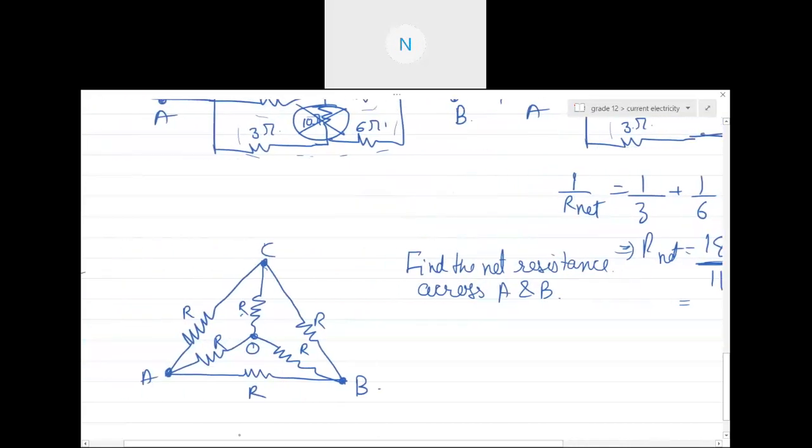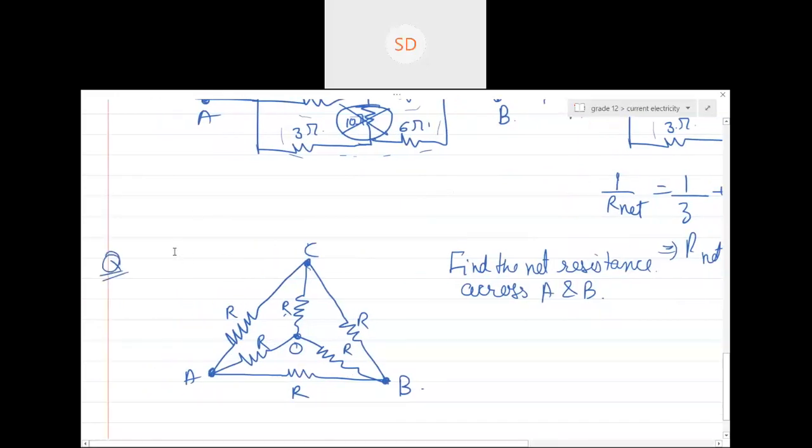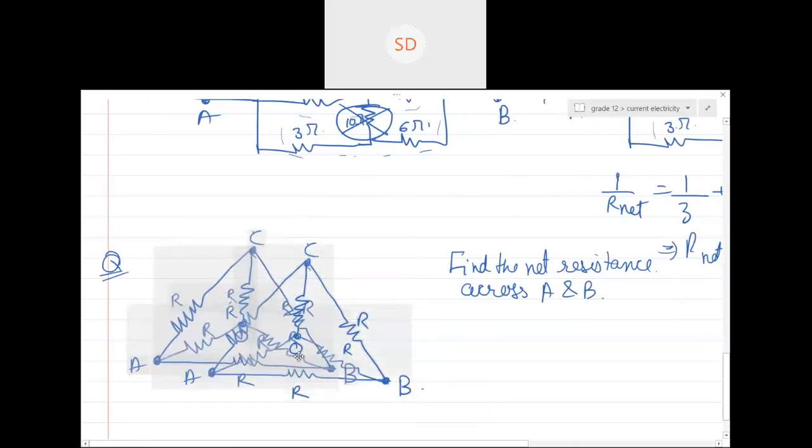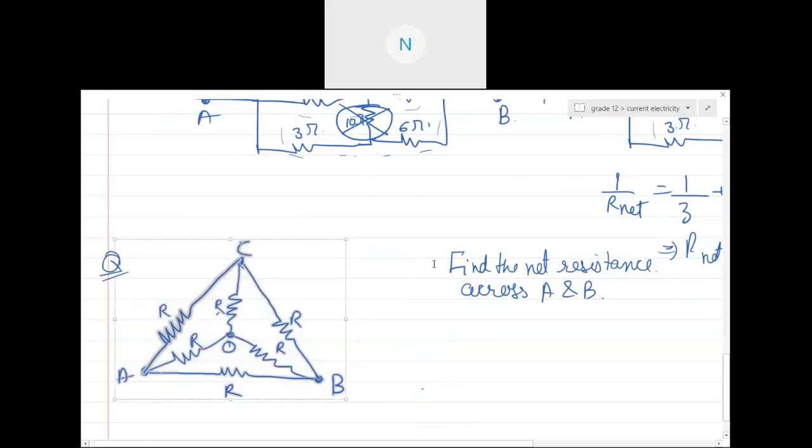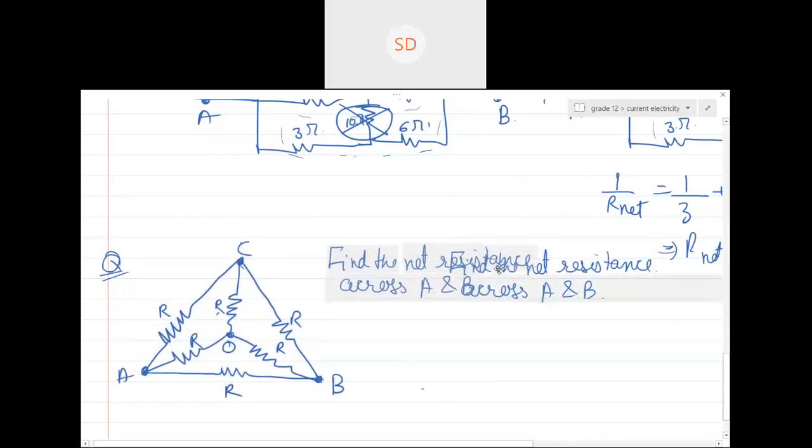So anyway, what is the answer for this one? R by 2. R by 2 is the correct answer. Nice, Satvik, wrong. R by 2 is the correct answer. How? Yes, how did you do it?